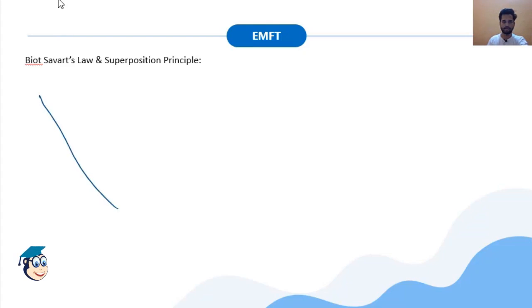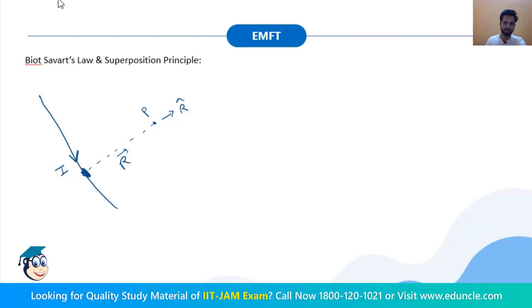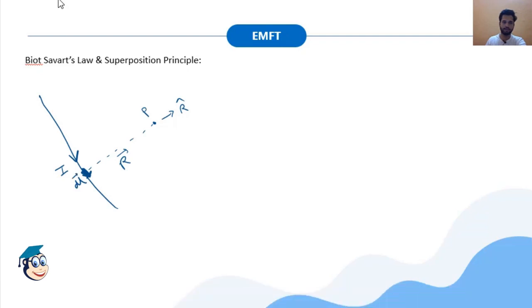Let's say you have a line in which current I is flowing, from a point to a point P. You have a position vector r and the direction is r cap, and this length with respect to which we are talking is dl.